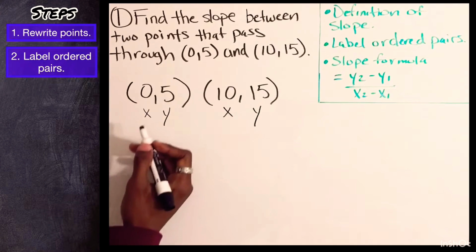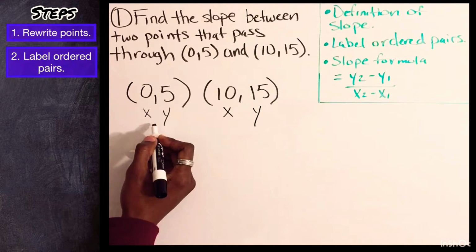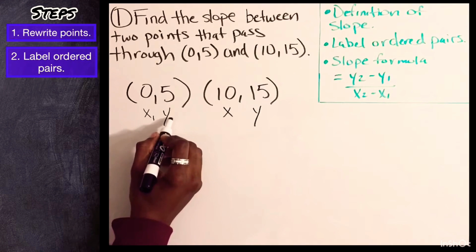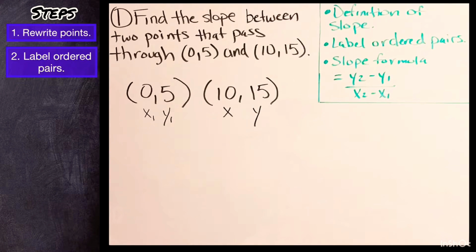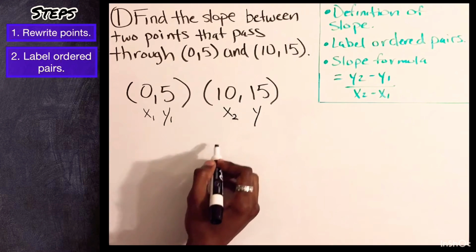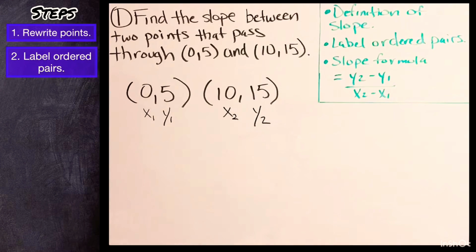This is our first set of ordered pairs, our first set of coordinates, so we're just going to put a 1 for our sub 1. So we have x sub 1 and y sub 1. And then here, this is our second set of coordinates, so we have x sub 2 and y sub 2.